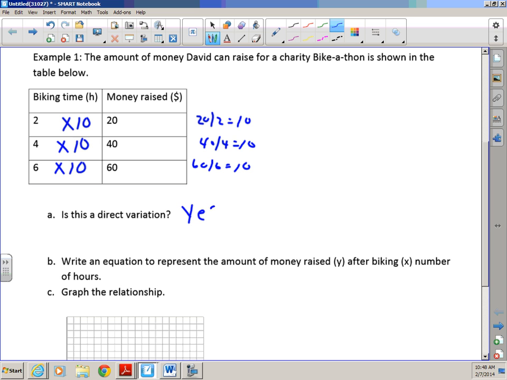So is it a direct variation? Yes. The ratios all result in the same constant value.